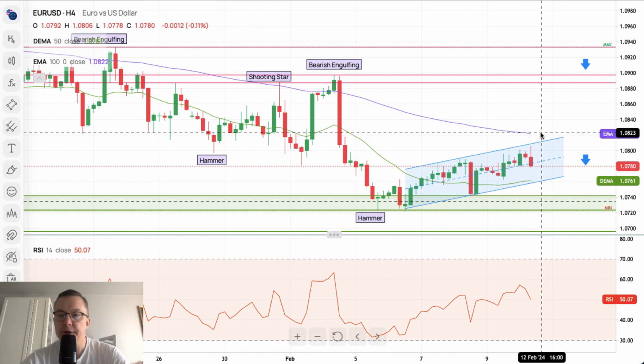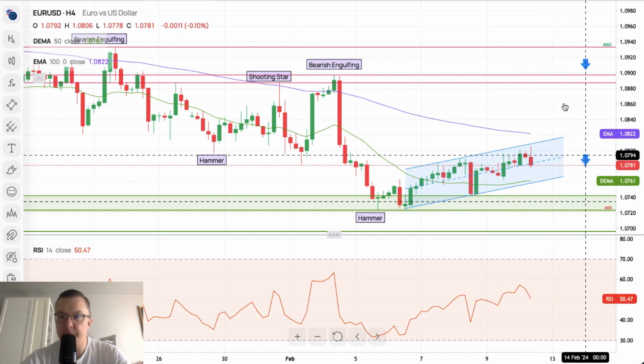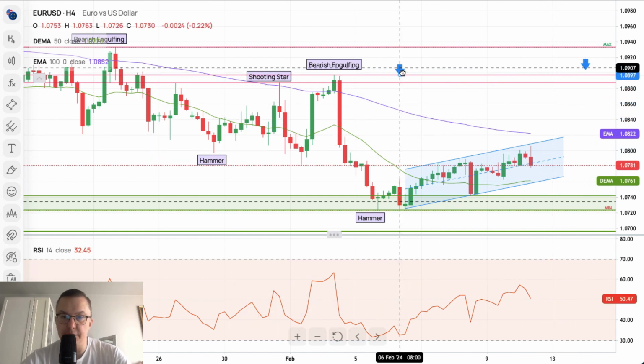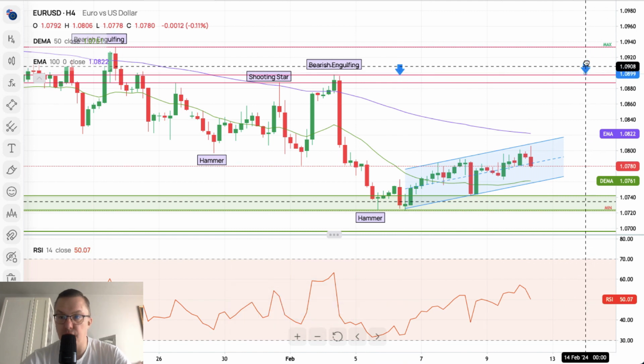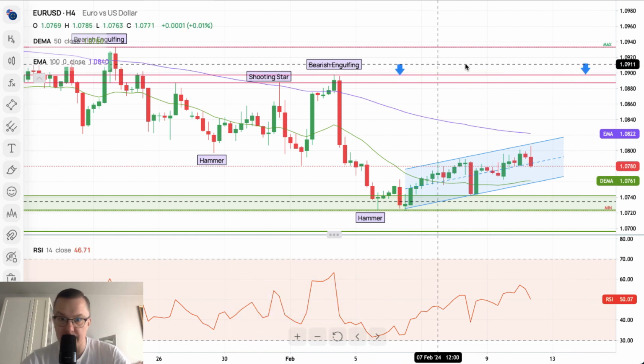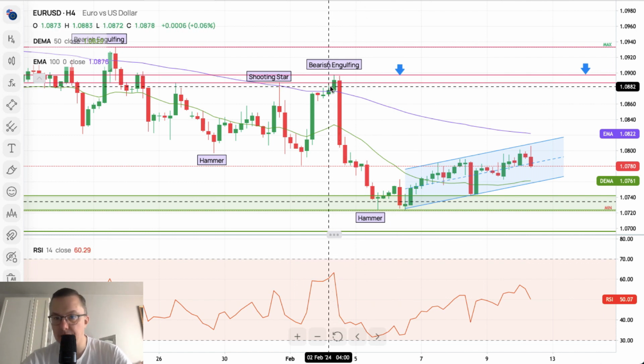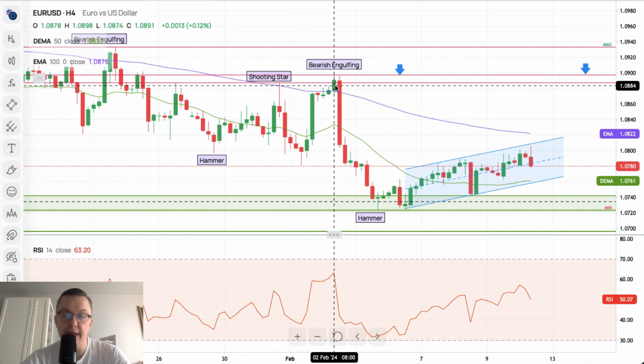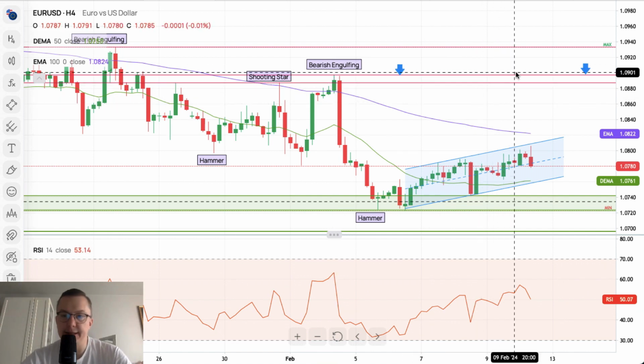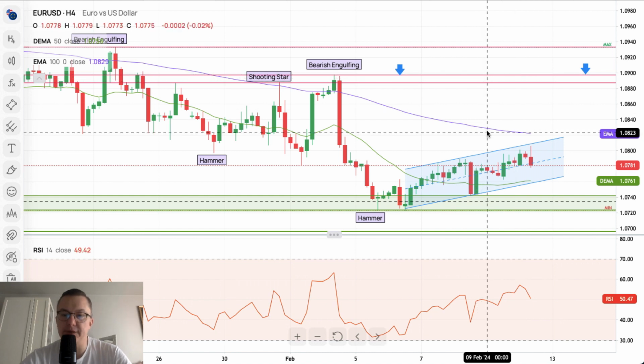That's a nice zone that we want to keep an eye on. Now the blue arrows go higher, to 1.0898. There you go. This is the key technical resistance and the supply zone.